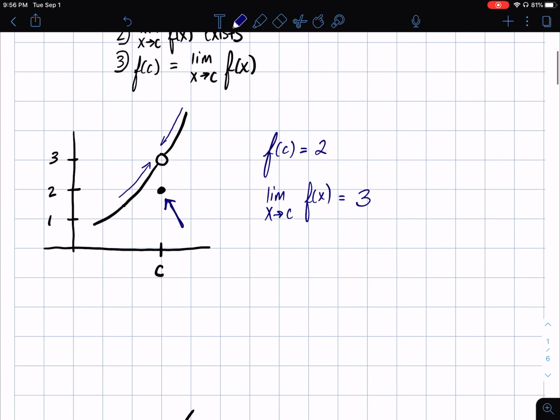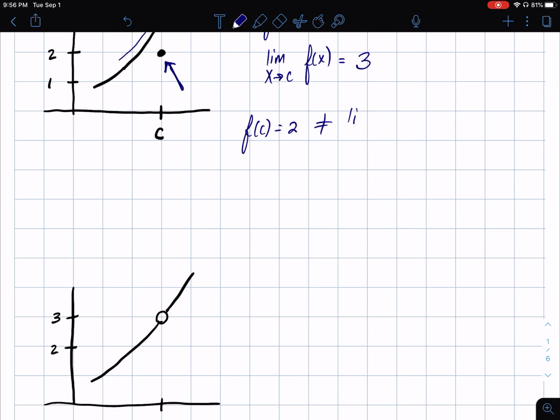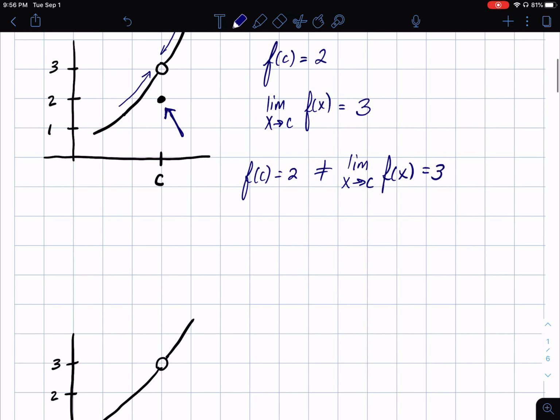Then the last thing that we need to check for is if those two things are equal to each other. And so for this one, f of c equals 2 does not equal the limit as x approaches c of f of x, which equals 3.